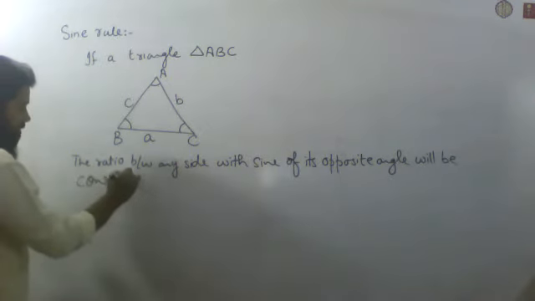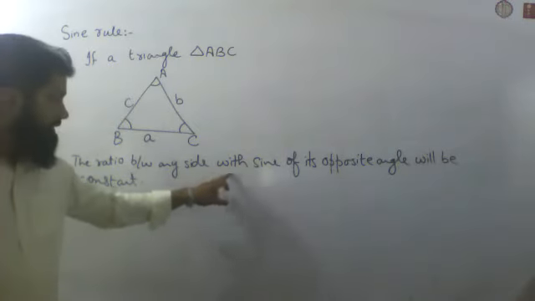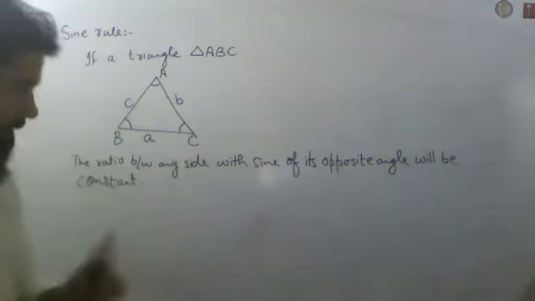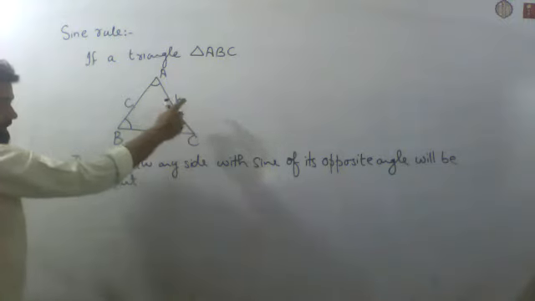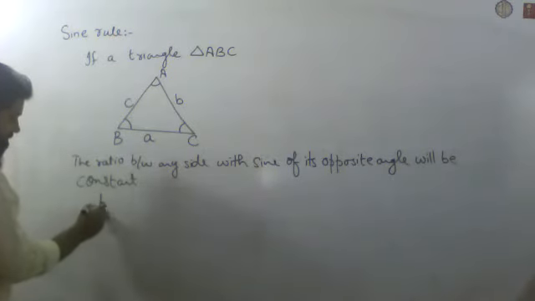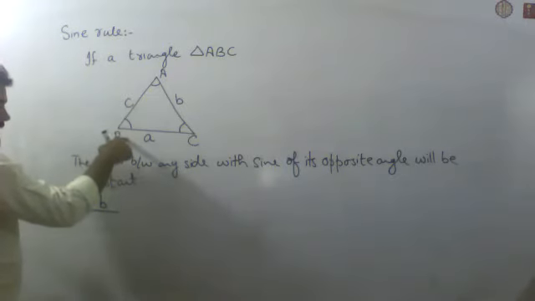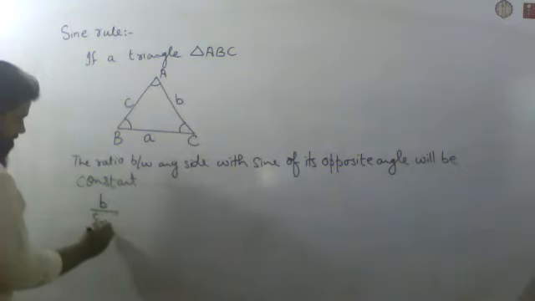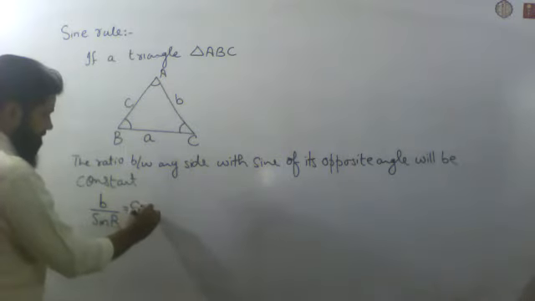The ratio between any side with sine of its opposite angle will remain constant. Means, for instance, if I am saying this side B, what is the opposite angle? Angle B, sine of angle B. That will be a constant.